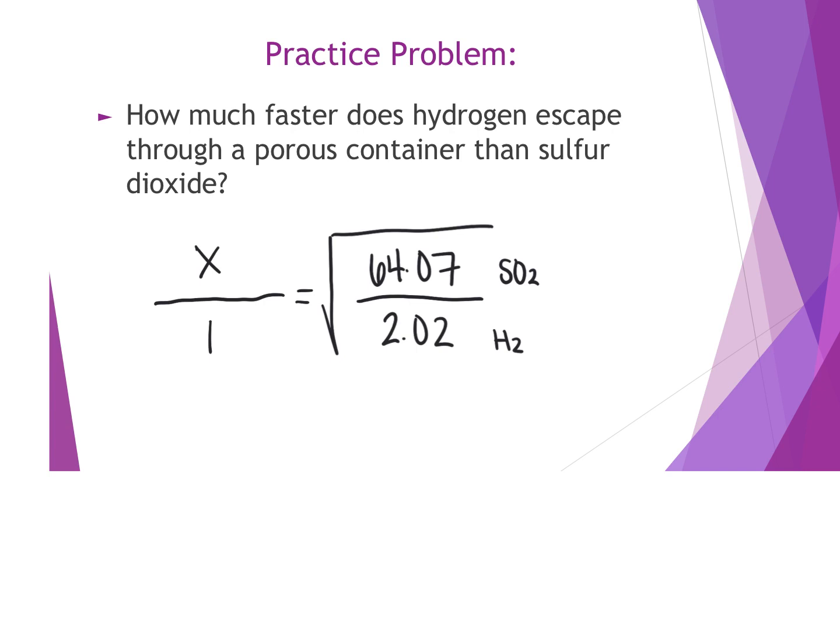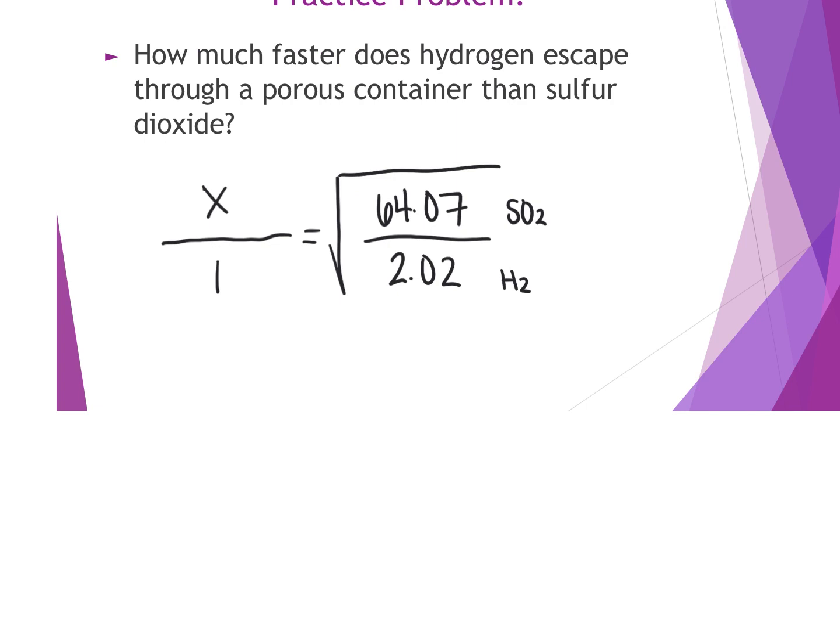Okay, last class, I noticed a lot of people wanted to square both sides to get rid of the square root. However, let's just solve for the right side. What is the square root of 64.07 divided by 2.02?